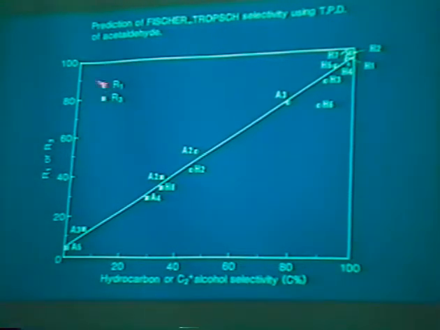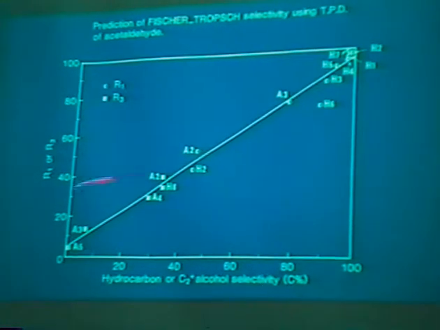So there is a good fit between this criterion and the hydrocarbon selectivity of cobalt-based Fischer-Tropsch catalysts. And here a good fit between this R3 criterion, which gives the C3 oxygenated species in the temperature programmed desorption of acetaldehyde, and the higher alcohol selectivity in the alcohol synthesis experiments.